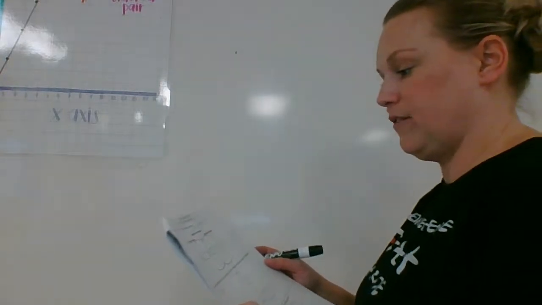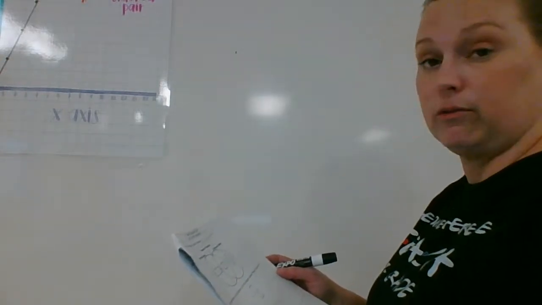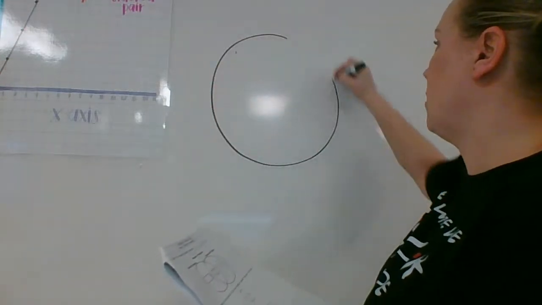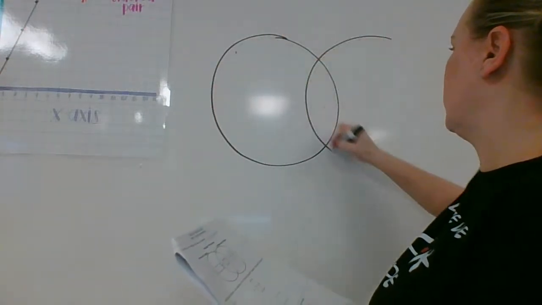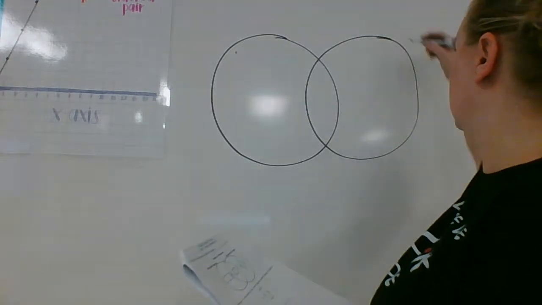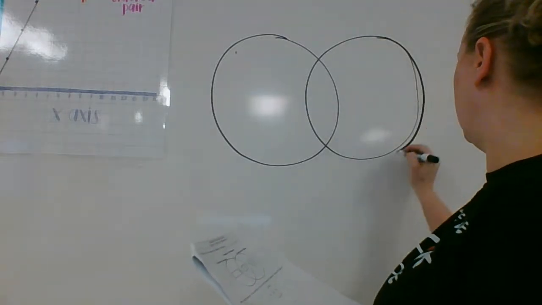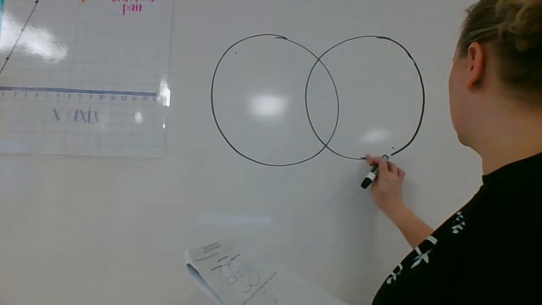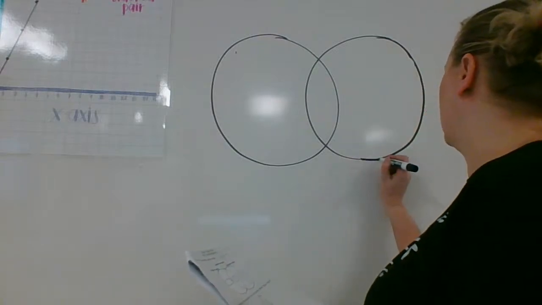Okay, we have a Venn diagram of regular polygons. Do you guys remember what we mean by regular polygons? Well, if a polygon is regular, that means all sides are going to be congruent.